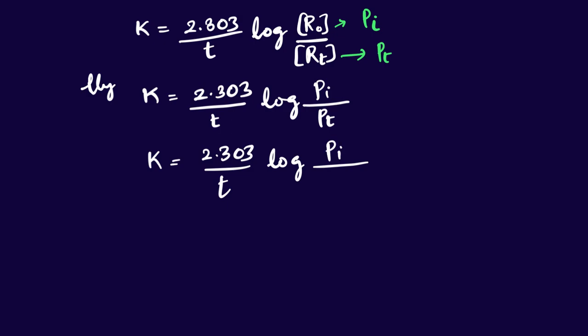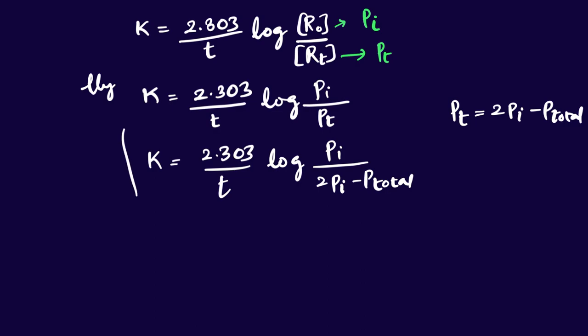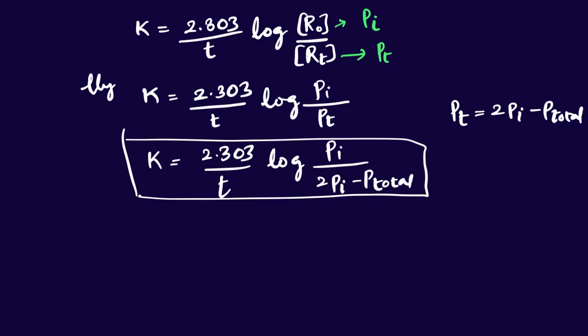Pi, but P at T time we have now calculated: P at T time is equal to 2Pi minus P total. Therefore, I can write here 2Pi minus P total. This is the final rate constant for this particular equation. What is the particular equation?